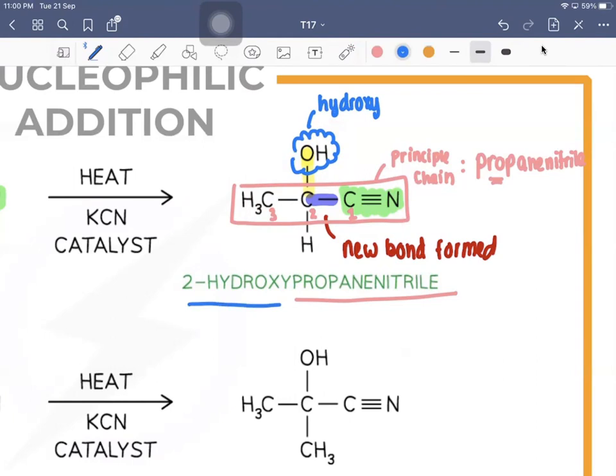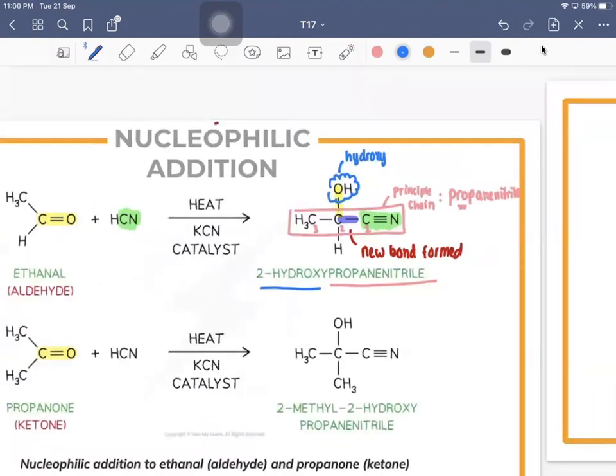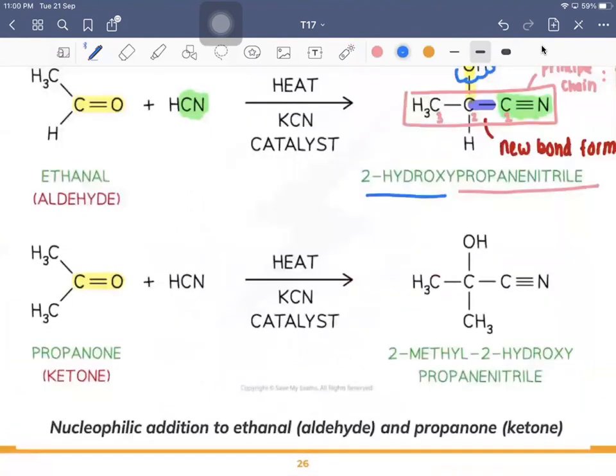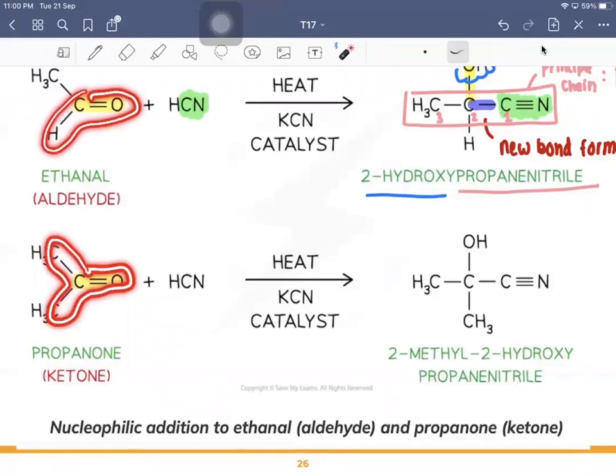Let's have a look at propanone to represent a ketone. So you can see clearly the difference between a ketone and an aldehyde. A ketone would have the carbon attached to 2 carbon atoms, whereas an aldehyde will be attached to at least 1 hydrogen.